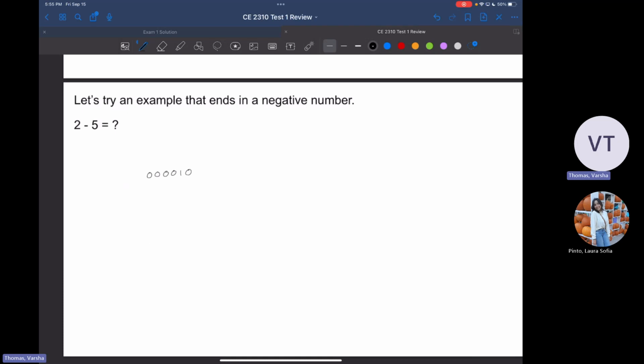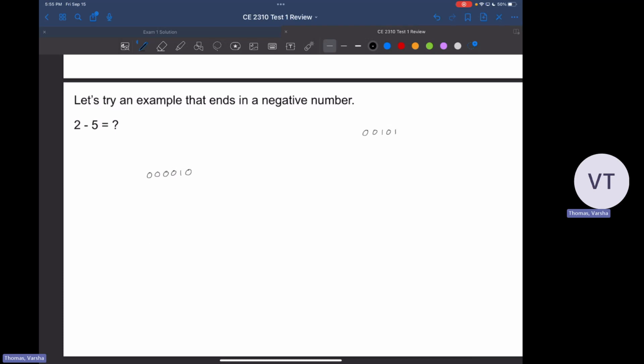So that's 2 in binary using 5 bits. We have to change our 5. So 5 normally is 0, 1, 0, and a random 0. 5 bits is that. 2's complement it, invert everything: 1, 1, 0, 1, 0. And add a 1: 1, 1, 0, 1, 1.